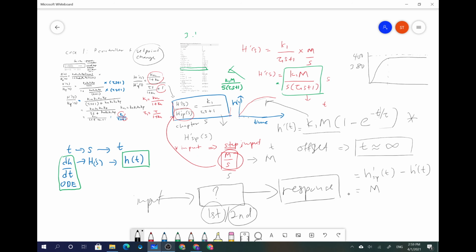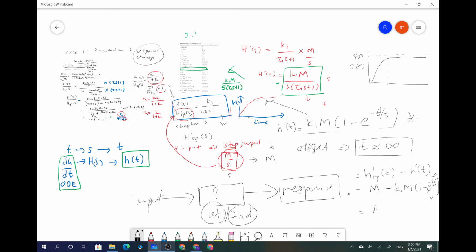So we just have M minus K1 M. Remember that when we substitute the value of t to infinity, this term will be 0.